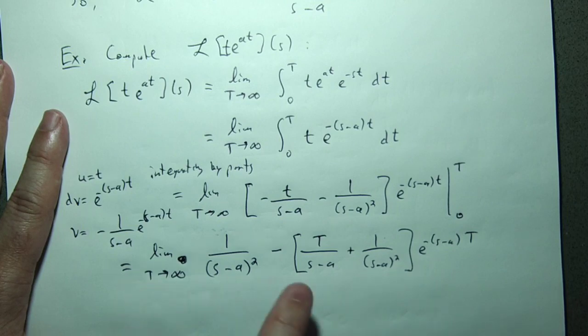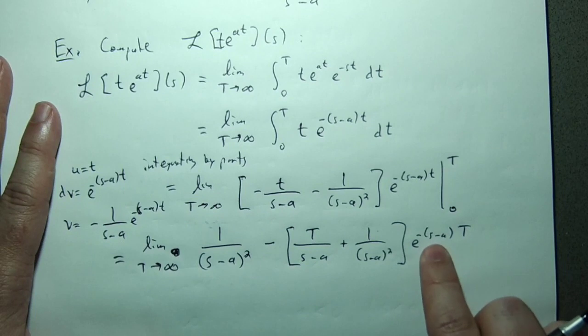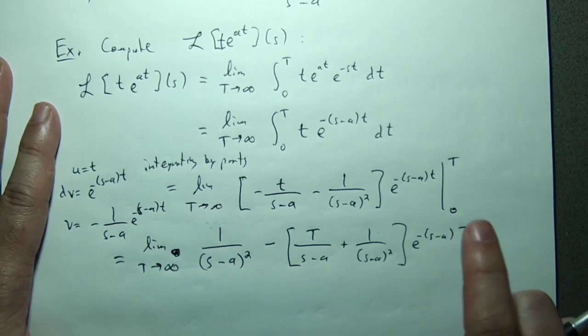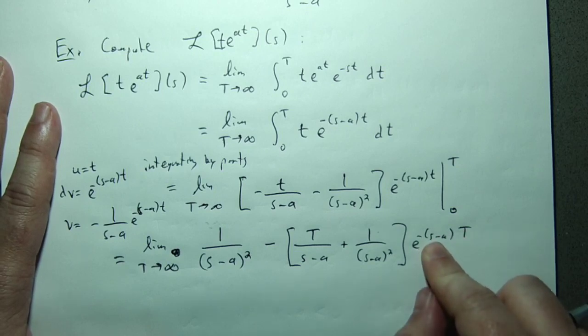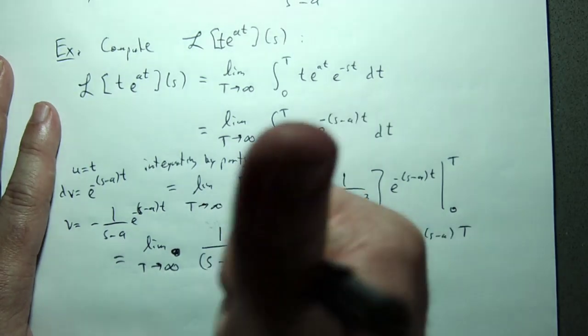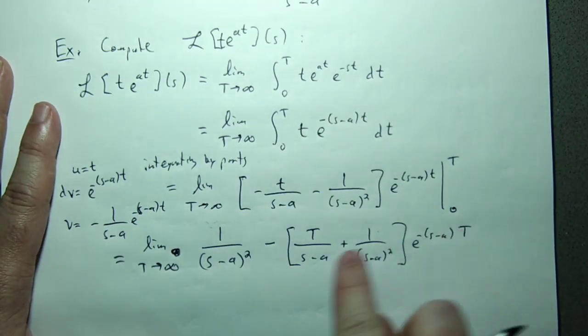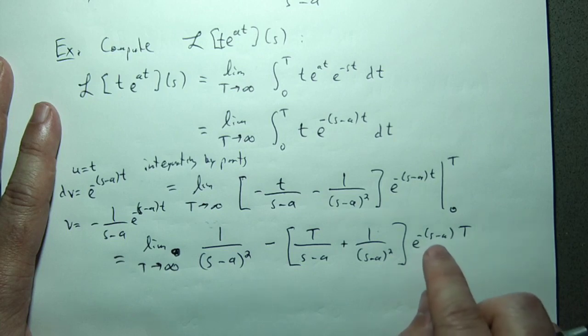So how is this going to work out? Again, it's going to very much depend on the relative size of s compared to a here. So if s minus a is positive, we're good because this entire term is going to go to 0. And if s minus a is negative, we're bad because this entire term blows up.